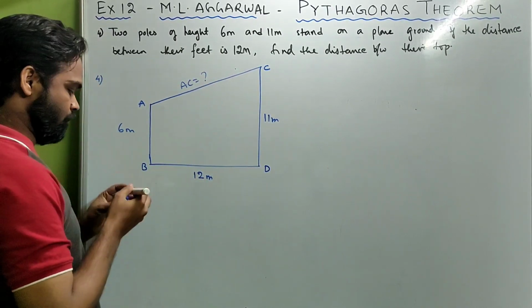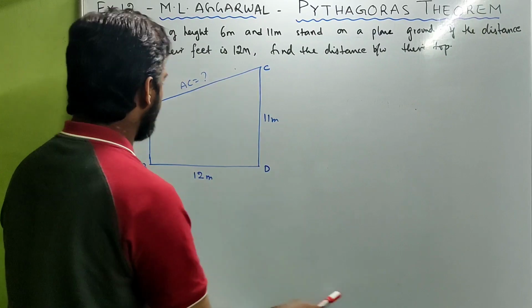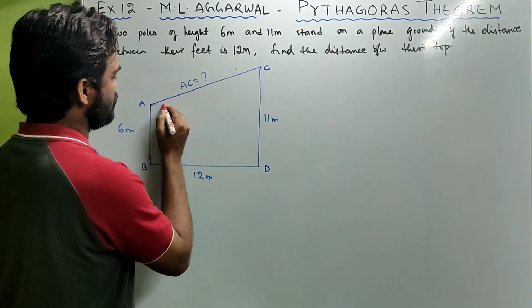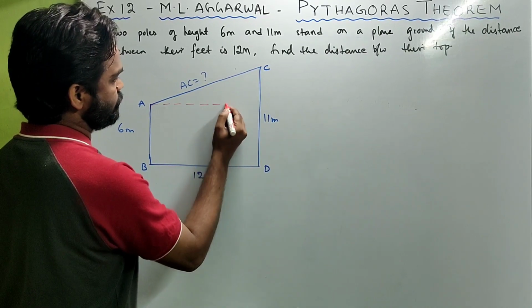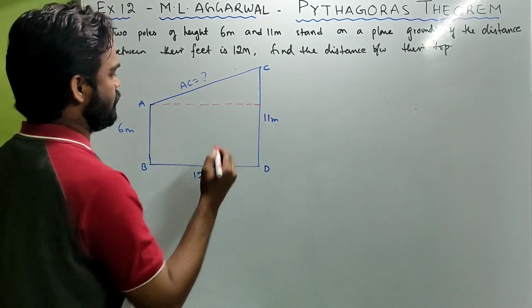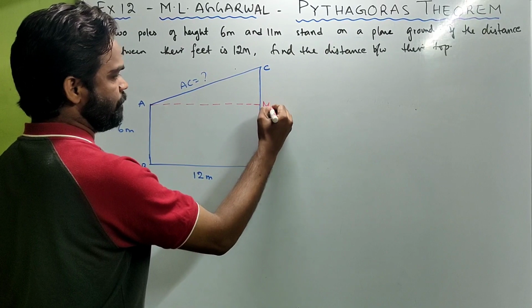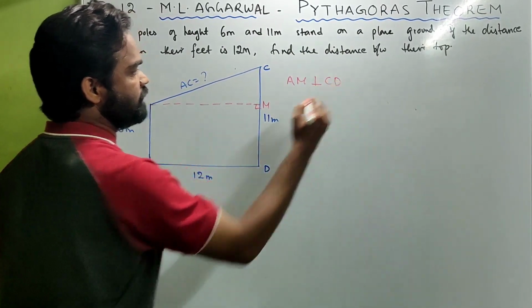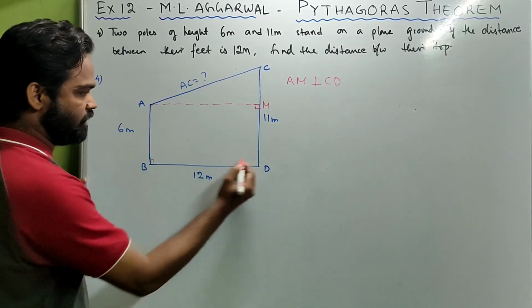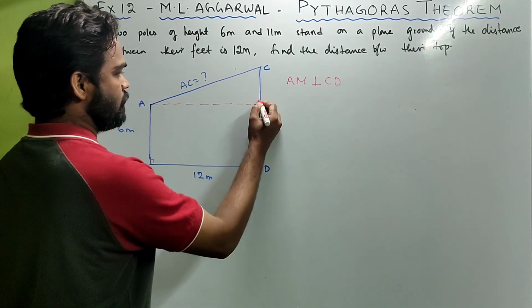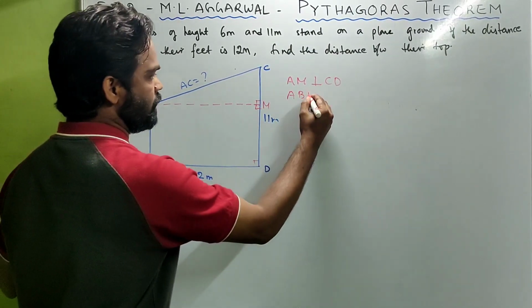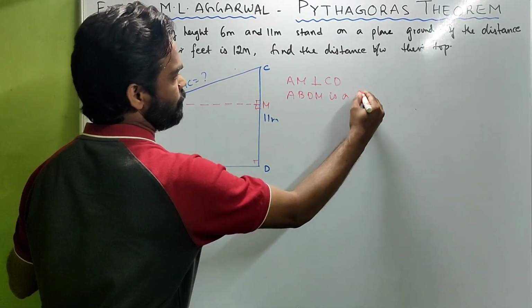Now look carefully what I'll do. From A, I'll drop a perpendicular on CD. This is my construction. Look carefully. Suppose AM is perpendicular to CD. Then this is 90 degree, this is 90 degree. A, B, D, M is a rectangle.